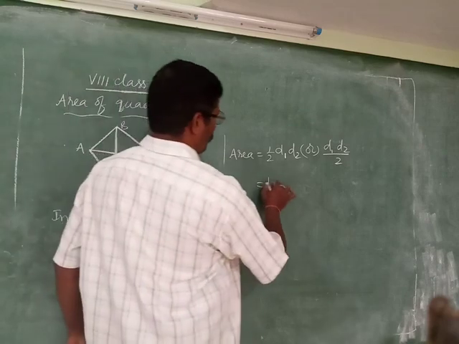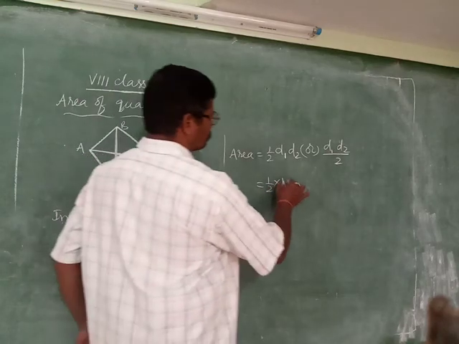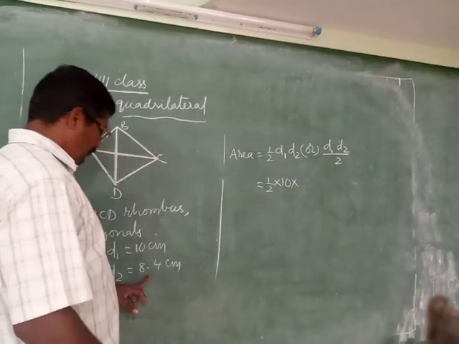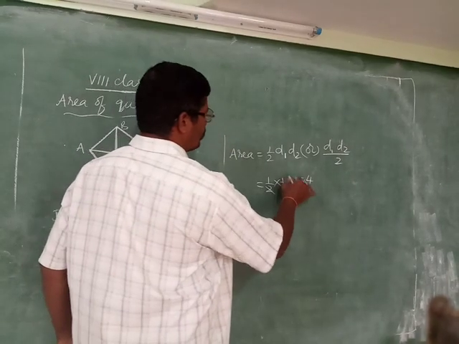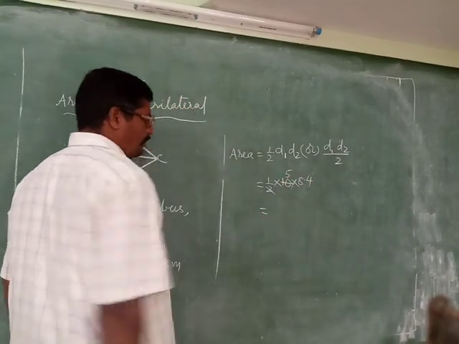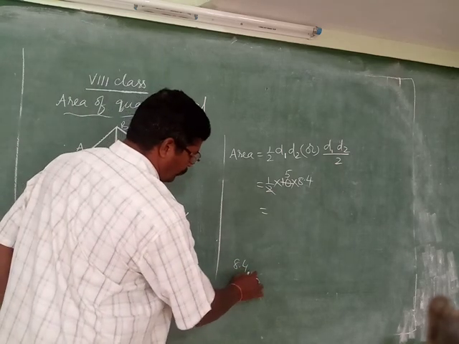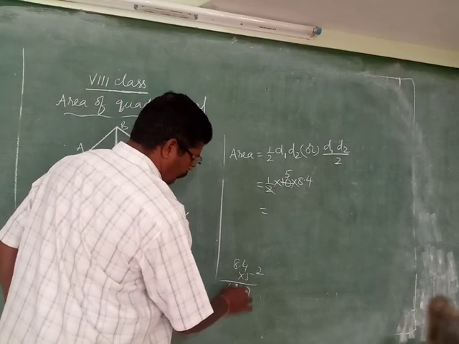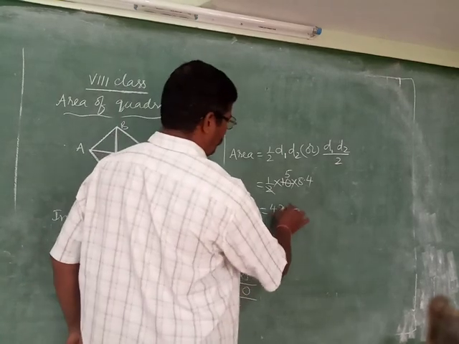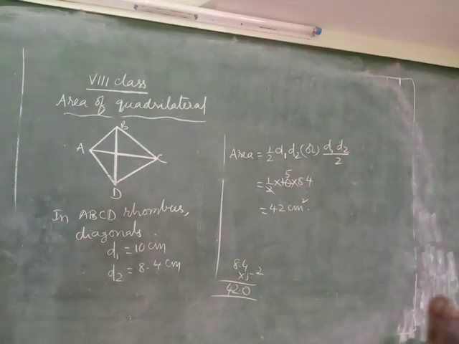Now 1 by 2 into D1, which is 10, into D2, which is 8.4. Now these two cancel here, 5 times. Multiply 8.4 with 5. 5 4s are 20. 42.0. It means 42 square centimeters.